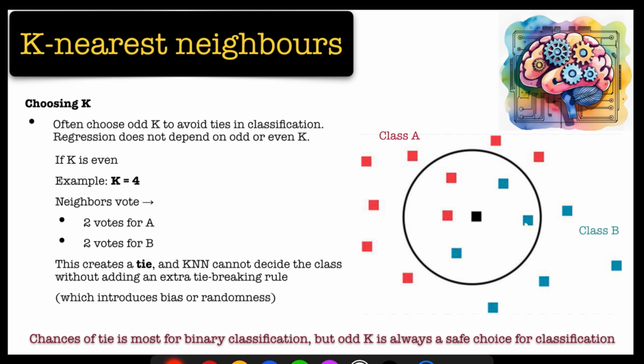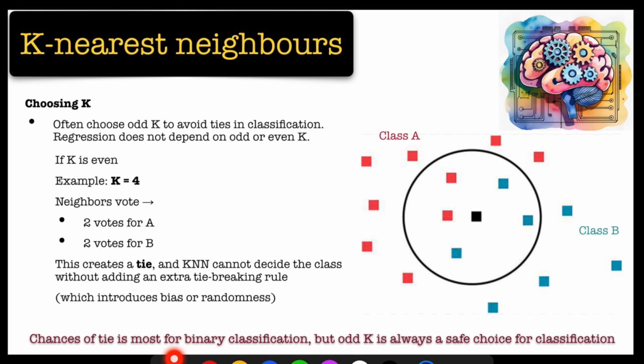Then we get 2 nearest points from class A and 2 points from class B. How do we decide whether to assign class A or class B to this new point? We can't. There is a tie, 2 votes for A and 2 votes for B, and KNN cannot decide the class without adding an extra tie-breaking rule, which introduces bias and randomness.